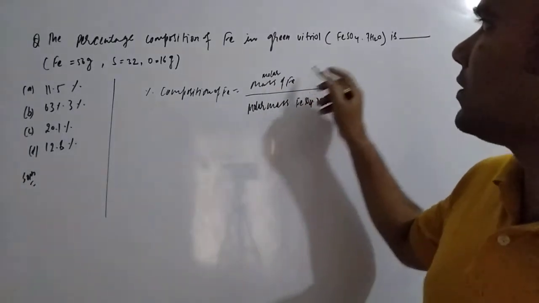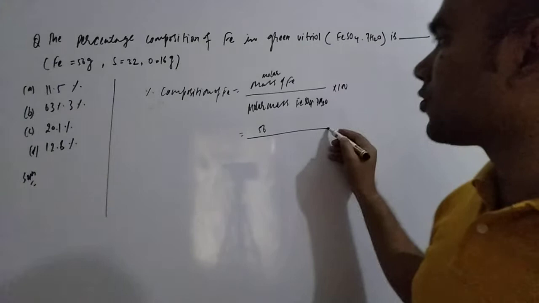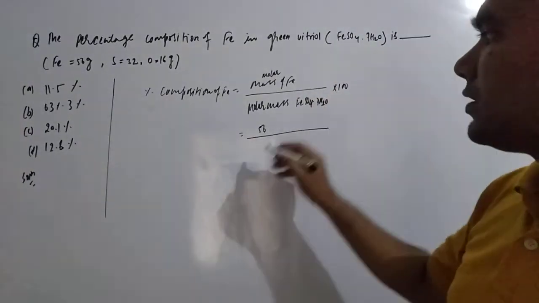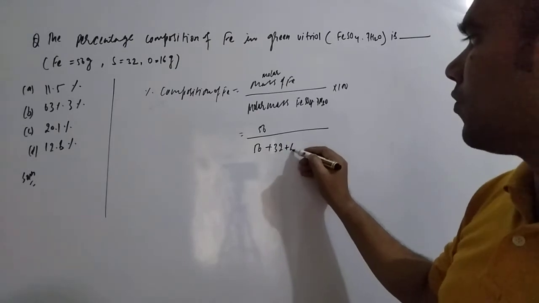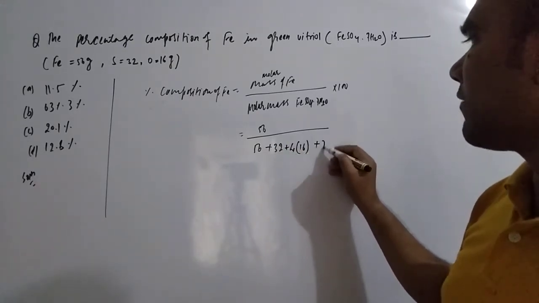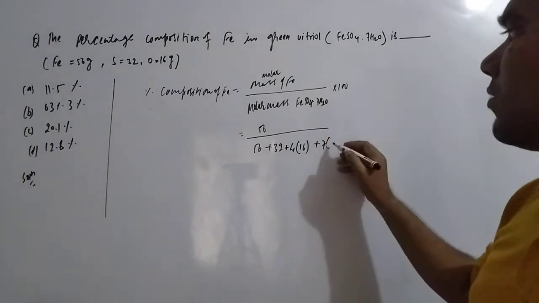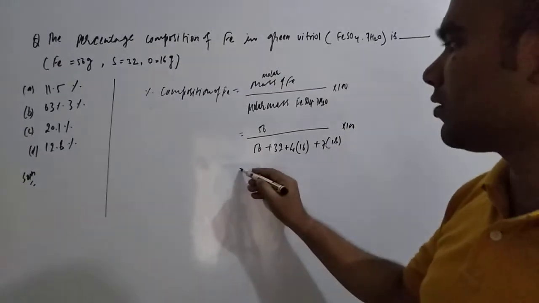The mass of Fe they have given, how much? 56. This is already given, 56. Total mass, how to calculate, student? 56 is there. 56 plus sulfur is 32 plus 4 multiplied by oxygen 16 plus 7 and the molar mass of water is how much? 18, multiplied by 100.